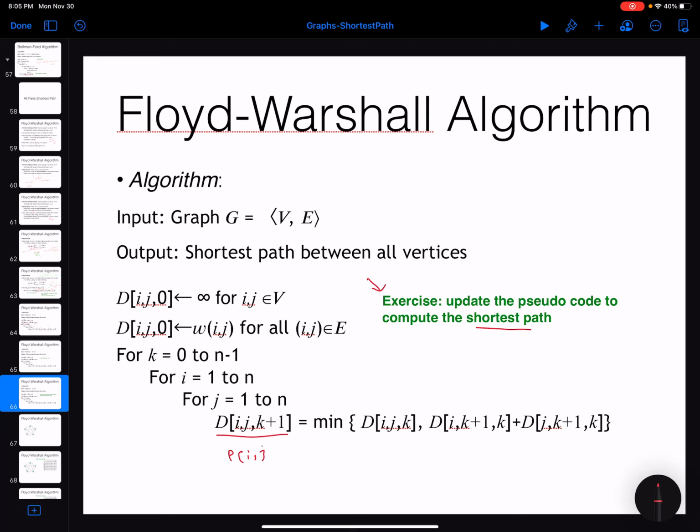So p of i and j, you would update it with k plus 1 whenever you get the solution from this part. You just need to keep all those parenting information, but for all the pairs, not just for one node.